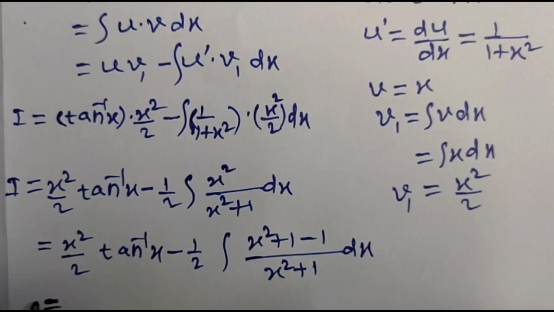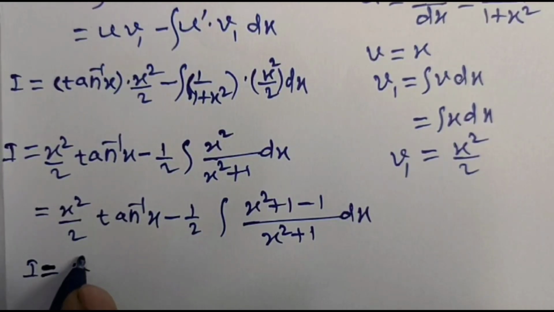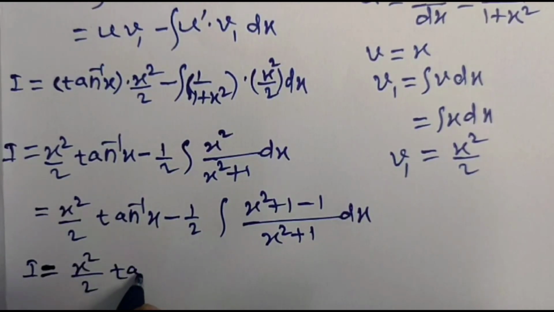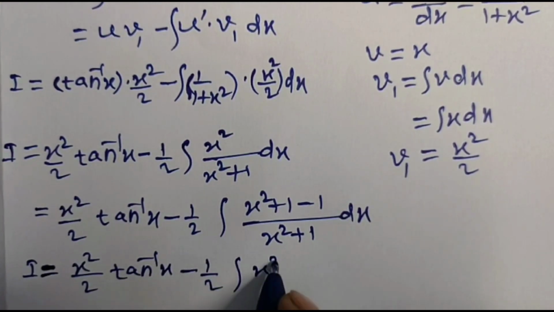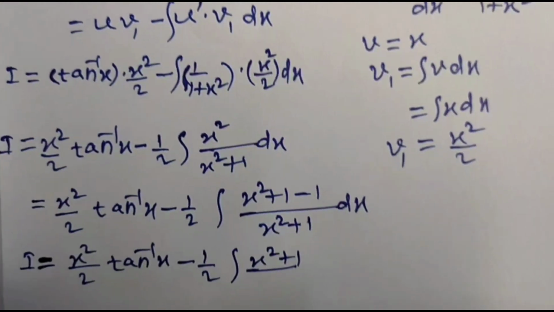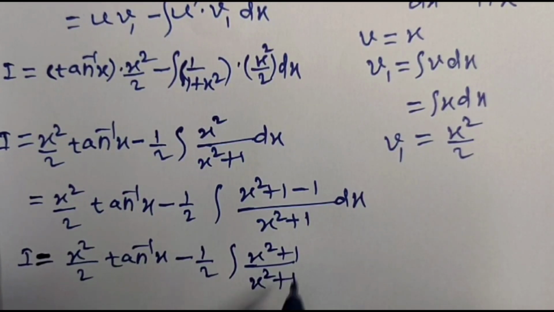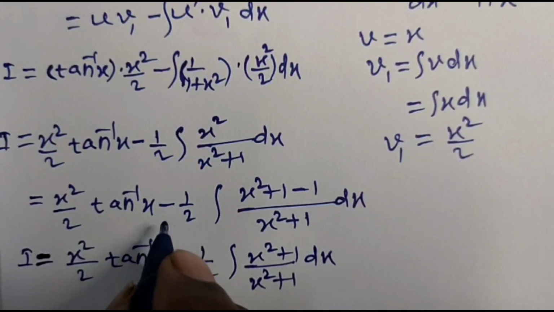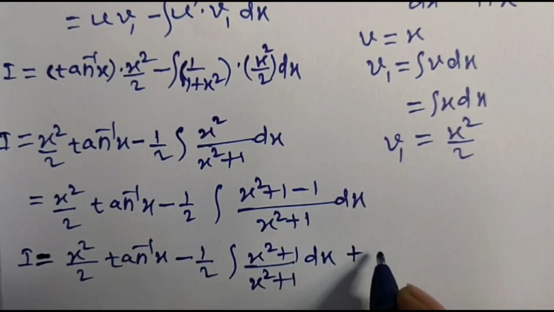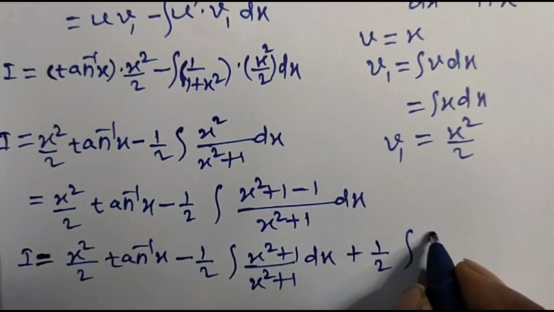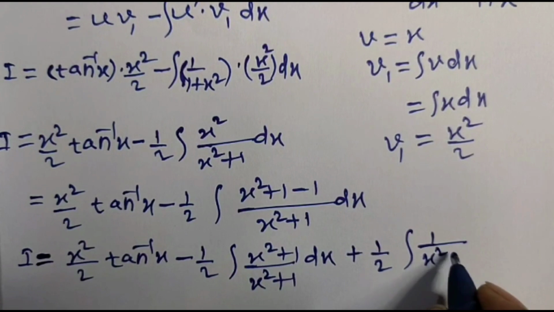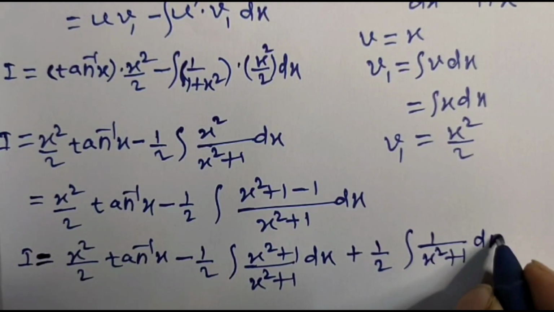Hence I is equal to x square upon 2 tan inverse x minus 1 upon 2 integral of x square plus 1 divided by x square plus 1 integral with respect to x minus this minus and this minus, that becomes plus 1 into half, that is 1 upon 2 integral dx divided by x square plus 1, or 1 upon x square plus 1, its integral with respect to x.